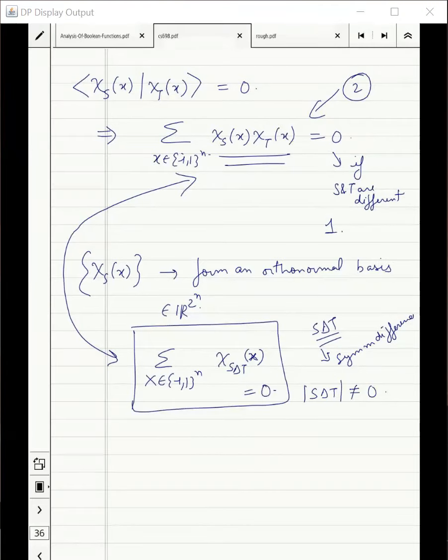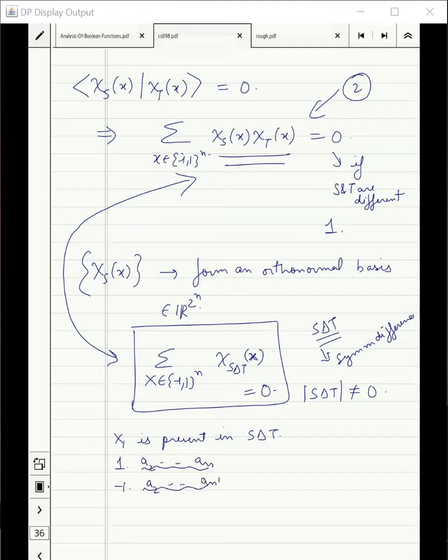Right. So let's say, without loss of generality, x1 is present in S symmetric difference T. Pick any variable which is present in it. Now look at two inputs, one where x1 is 1 and the other where it is -1, with the same values a2 up to an.